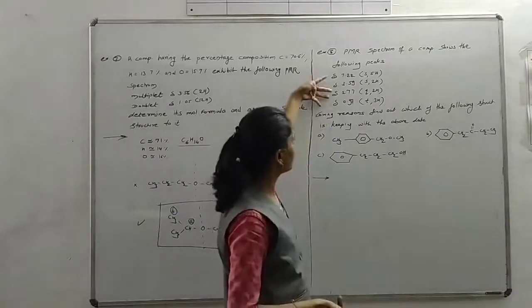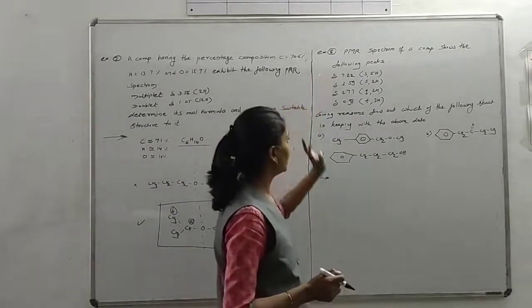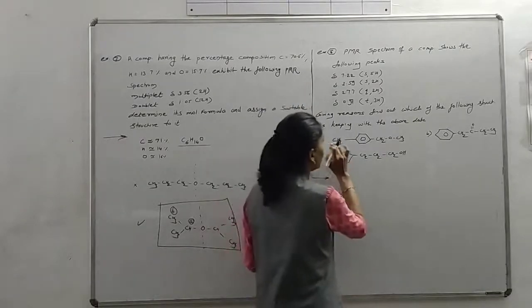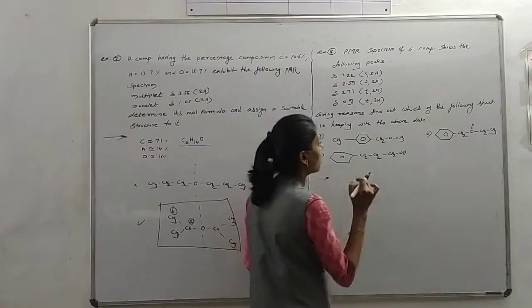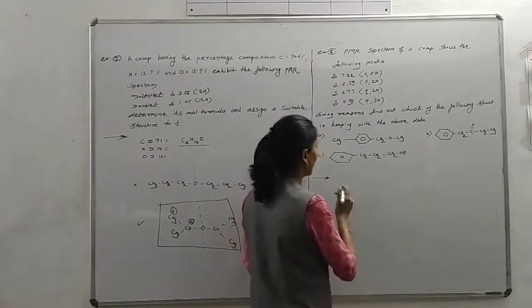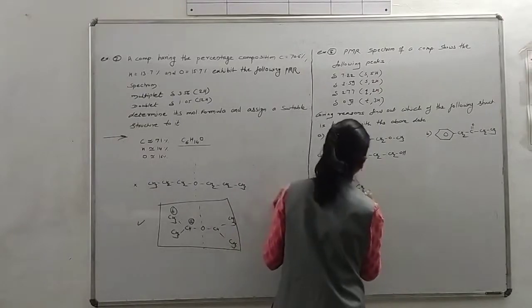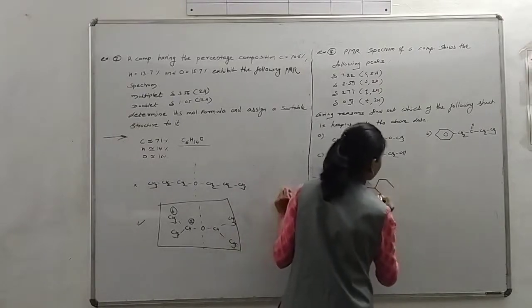Here 4 signals are obtained, and we studied in A, B and C cases how many signals are obtained. I don't write it again. Okay, I write the structure here again.